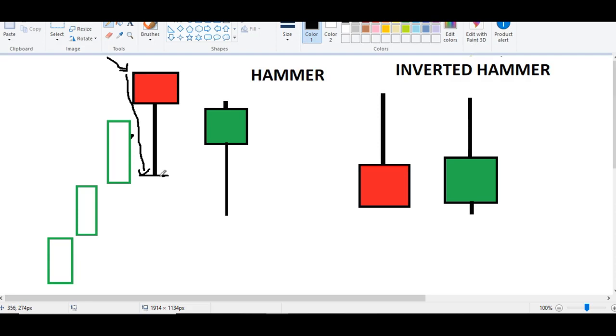And now here, all of a sudden, buyers come in and say, no, we're not going to let you take price lower. And so they take price higher and they close price right here. So again, bears are selling from the top here and buyers are buying from the bottom here, right? And so basically there's again a fight going on between the buyers and the sellers, and they both are not allowing price to go anywhere.